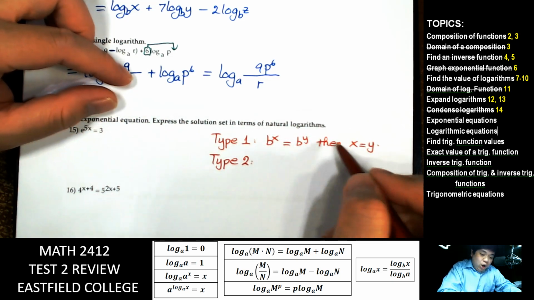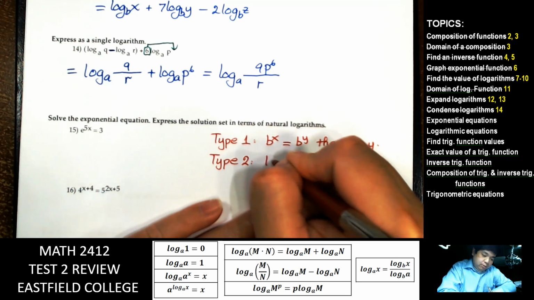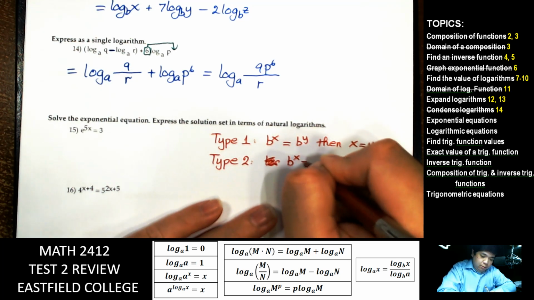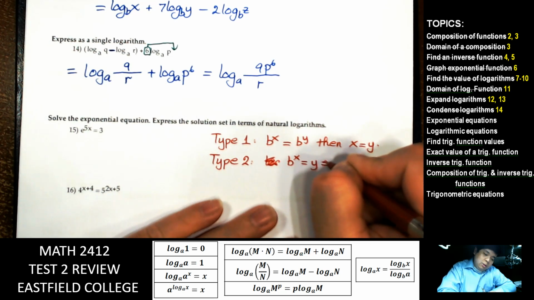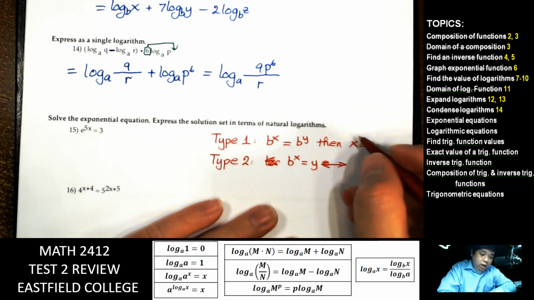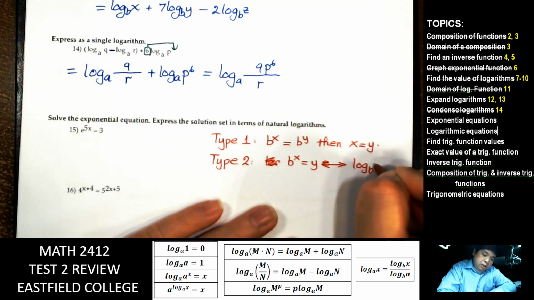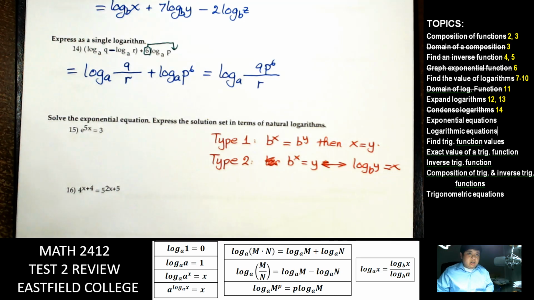Next, when we cannot do that, then we can always interchange between b to the x equal to y and log base b of y equal to x. So we interchange between the log and exponential function.